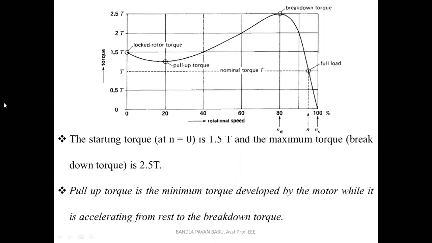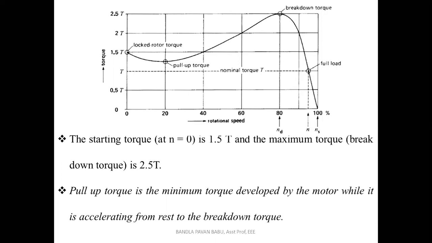You can see the scale there: 0.5 T, T, 1.5 T, up to 2.5 T. For the rotational speed, consider it as 0 to 100%. 100% means the maximum value, that is ns, the synchronous speed. That may be either 1500 or 3000 or something. So maximum speed means ns.